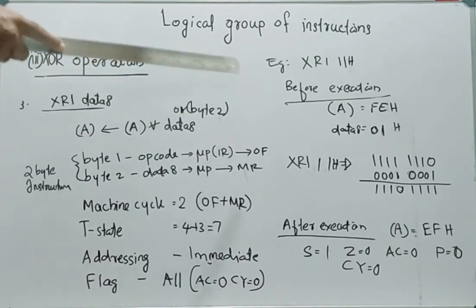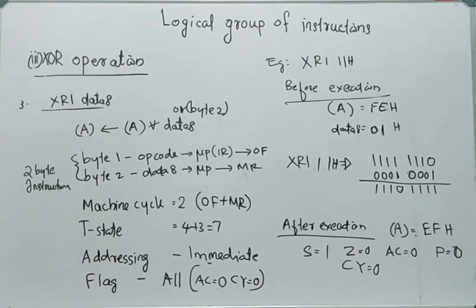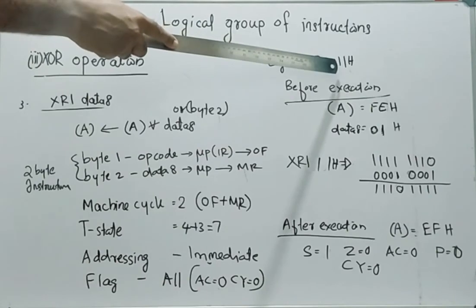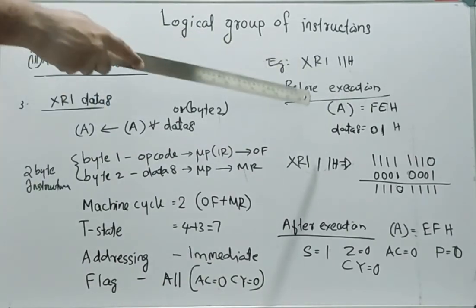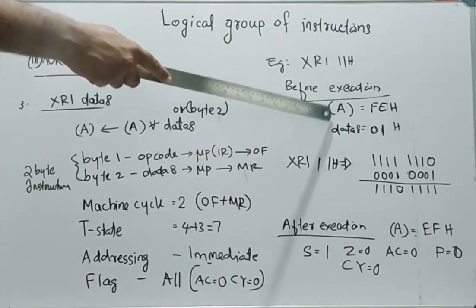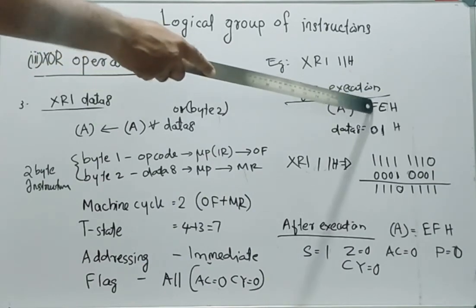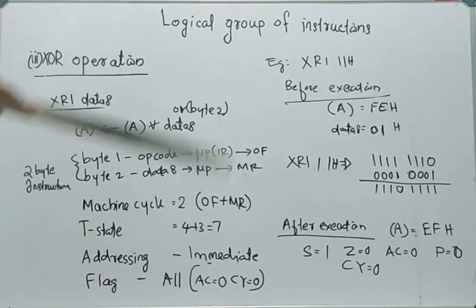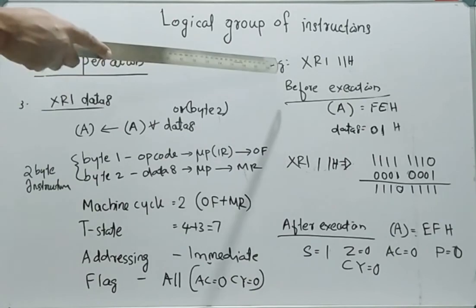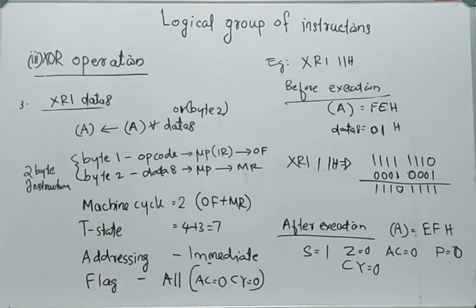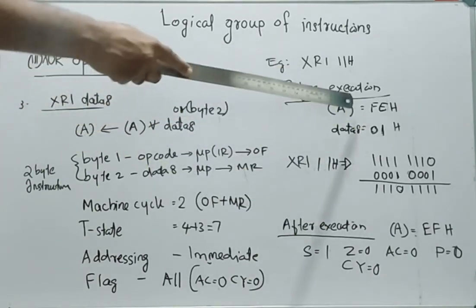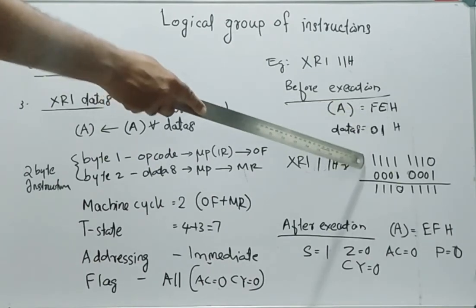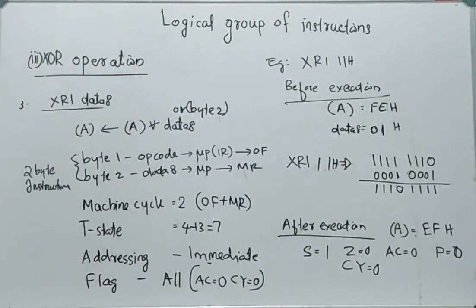Let's consider an example. Here the immediate data is 11H. Assume the content of the accumulator before execution of this instruction be FEH. So let's see what is happening during the execution of this instruction. This FE and 11 we need to convert into binary like this. As we know, XOR gives output 1 only when the 2 inputs are different.